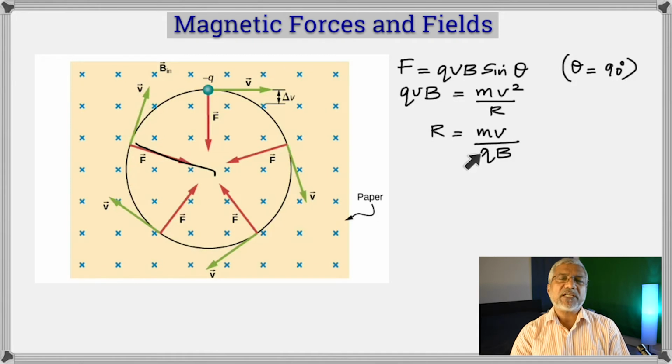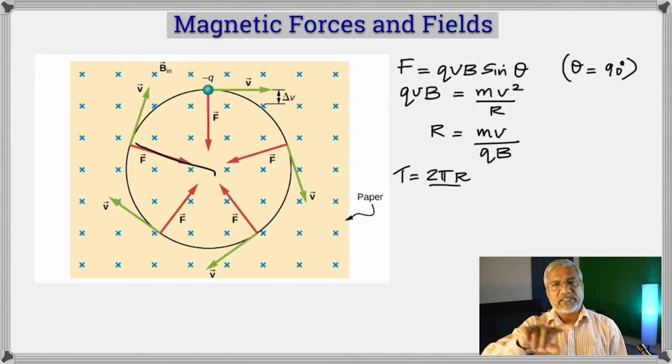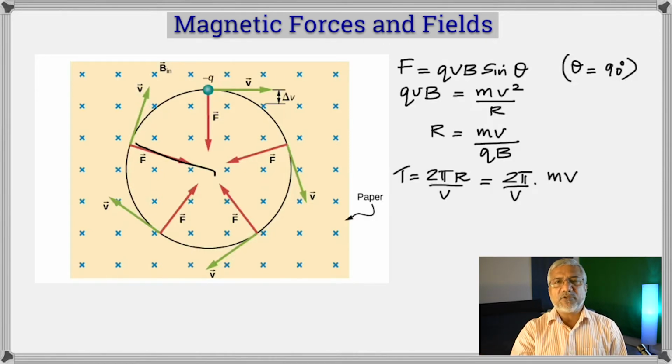Now from here we can find the time period taken. What is time period? It's the time taken for one rotation or one revolution. Time is distance by velocity, and distance is going to be the circumference, which is 2 pi r divided by the velocity.